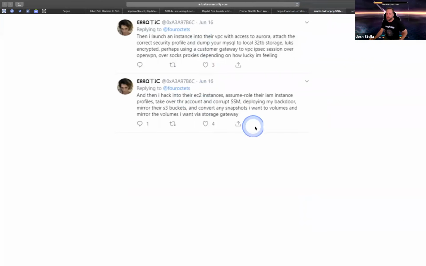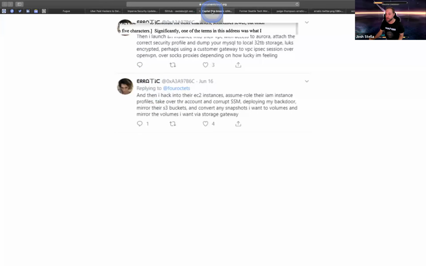I hacked their EC2 instances, assume role on their IAM instance profiles, take over the account. So you didn't need to have full high privileged IAM access. You just needed the EC2 IAM privilege to assign a different level of access to that EC2 instance, take over their account, corrupt SSM, deploy backdoor, mirror the S3 buckets.